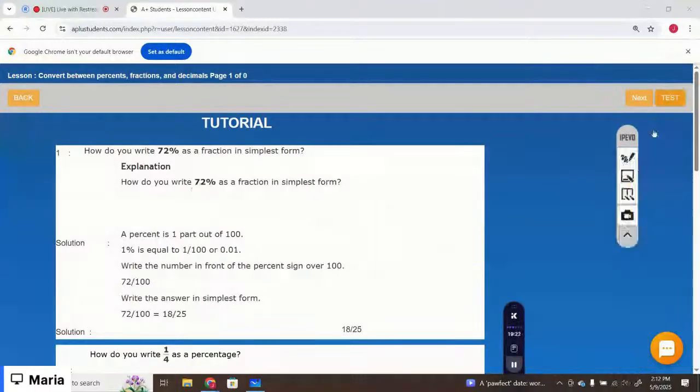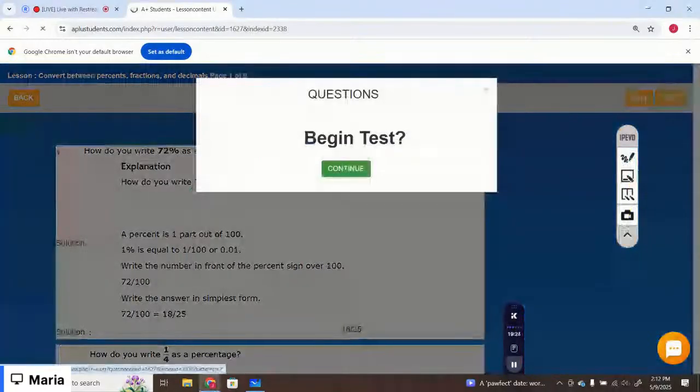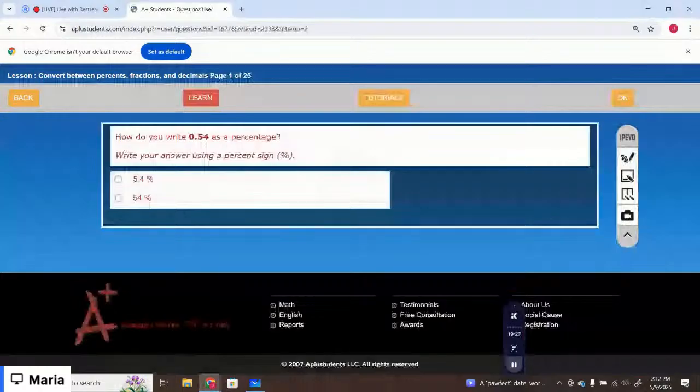Let's just start with the test questions. How do you write 0.54 as a percentage?